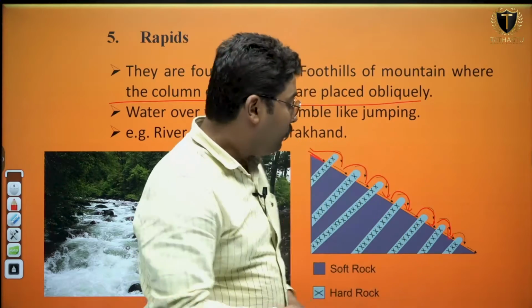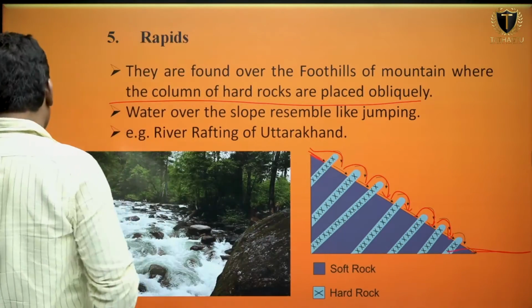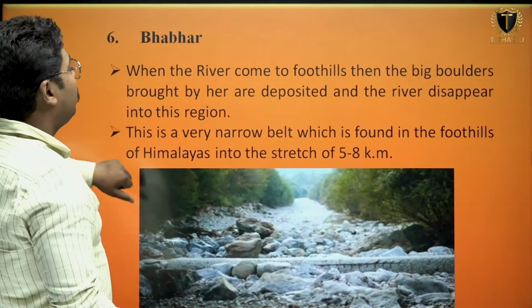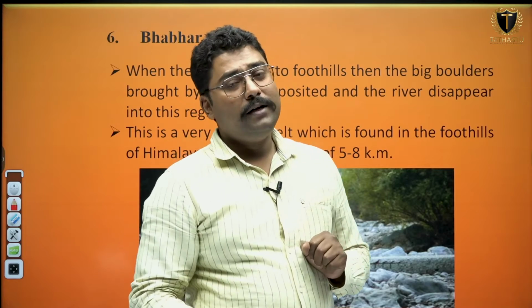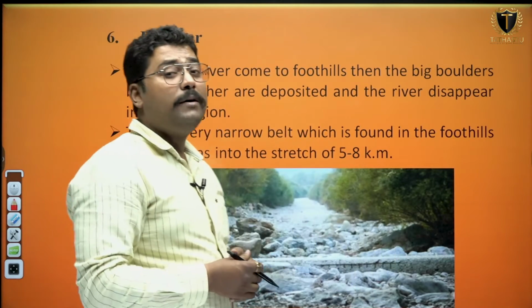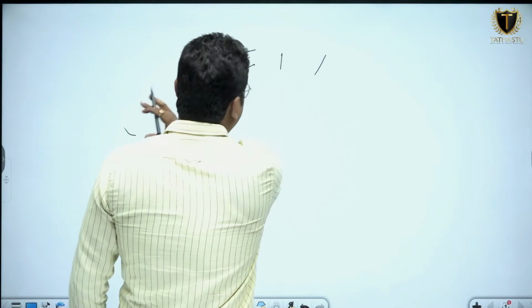Finally, the river has reached the foothills. Now when the river reaches the foothills, it will make the Bhabar and Tarai belt. Now the question comes, the Bhabar and Tarai belt, what are they? So let's draw them.